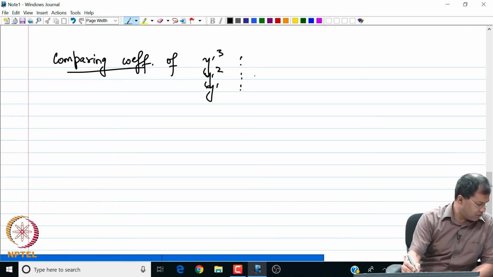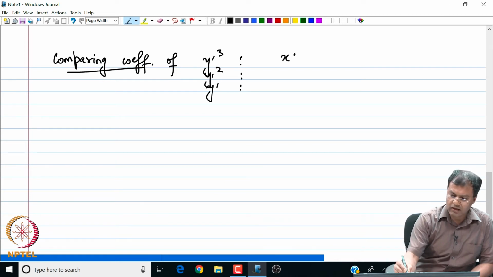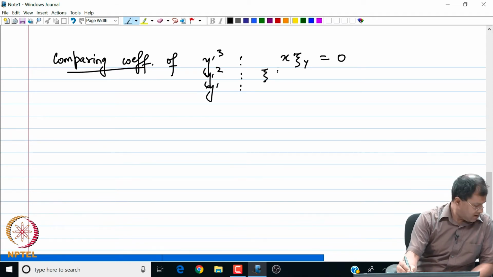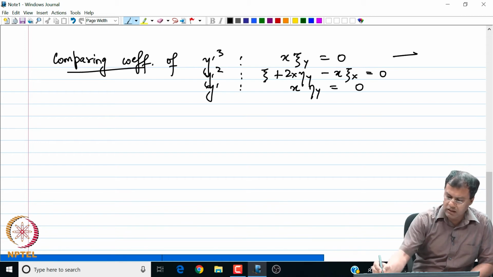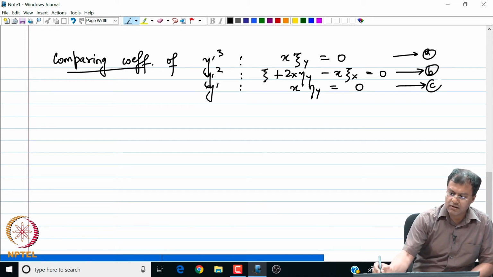We set all of them equal to 0. The first expression gives us x xi y is equal to 0, the second gives us xi plus 2x eta y minus x xi x is equal to 0, and the third expression gives us x eta y is equal to 0, right. I call these relations A, B and C.